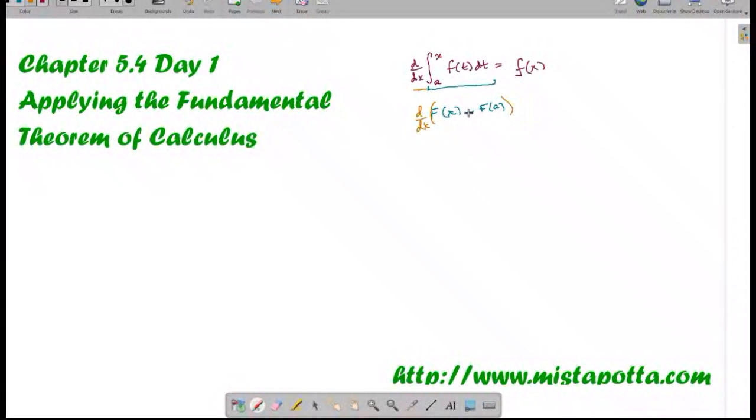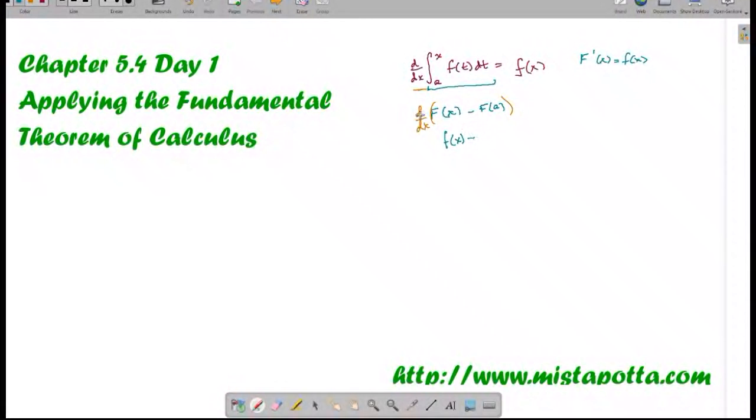But keep in mind, if I'm taking the derivative of this function, it has this specific property. We defined big F of x such that its derivative is exactly f of x. That's how we define this function. So if I'm taking the derivative of big F of x, this is just going to give me f of x.